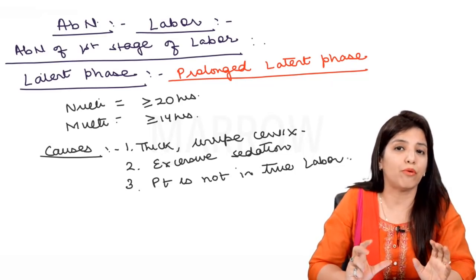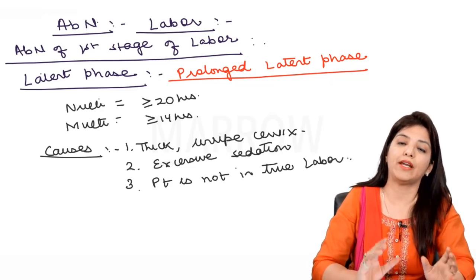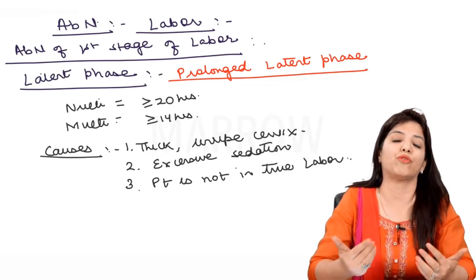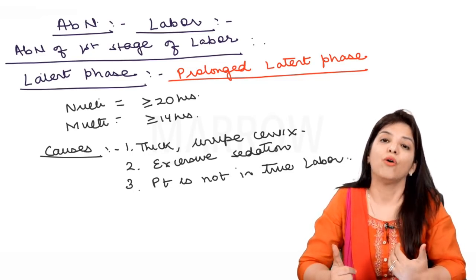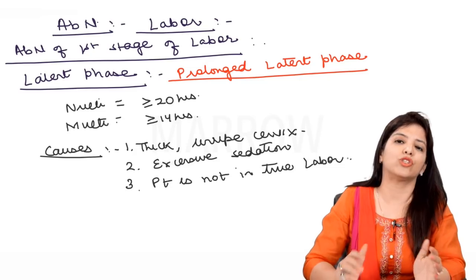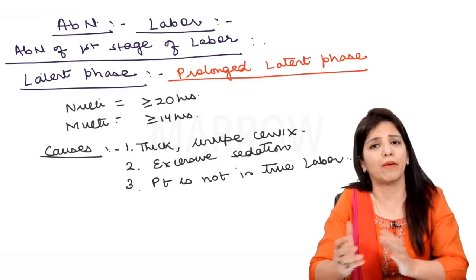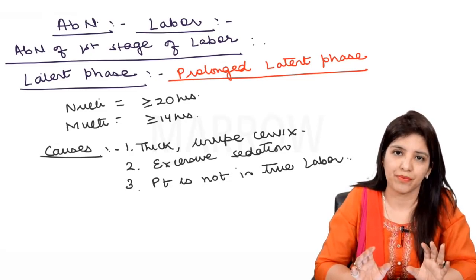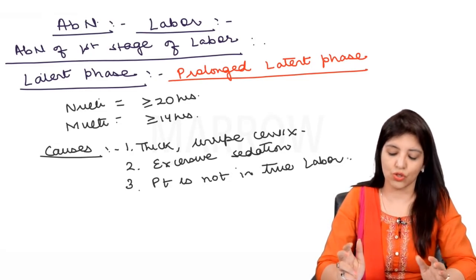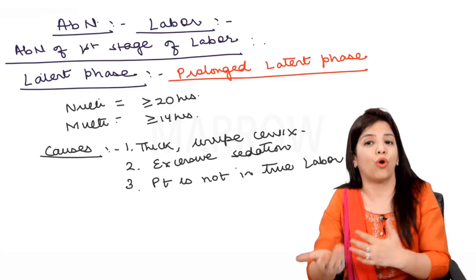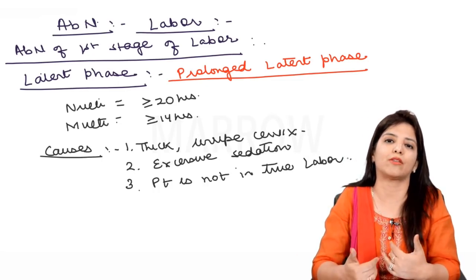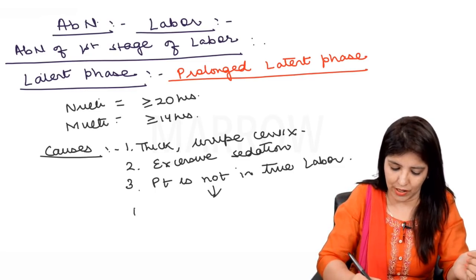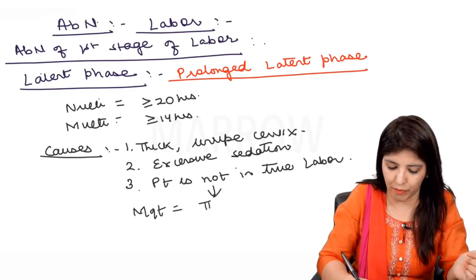But one very important difference between true labor pain and false labor pain is that false labor pains will subside if you give rest to the patient, whereas true labor pains do not subside once they begin. You cannot make true labor pains subside. So in case the patient is not in true labor and you suspect false labor, the management is to give therapeutic rest to the patient.